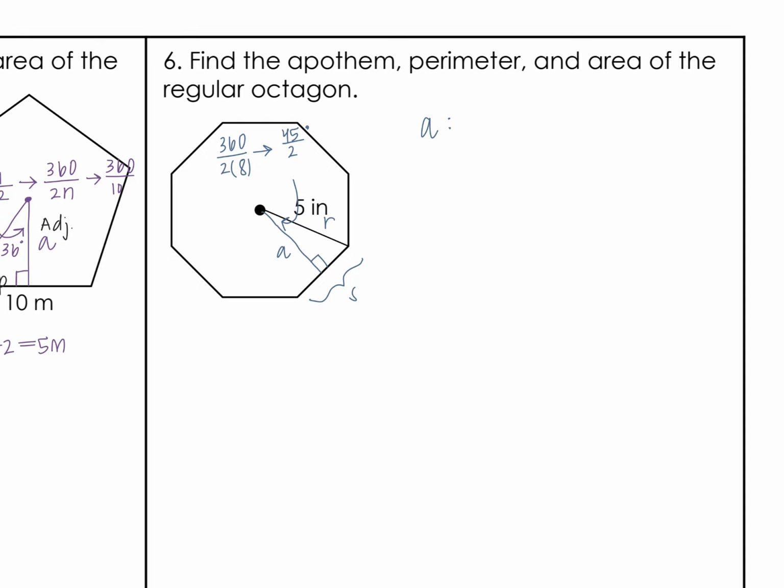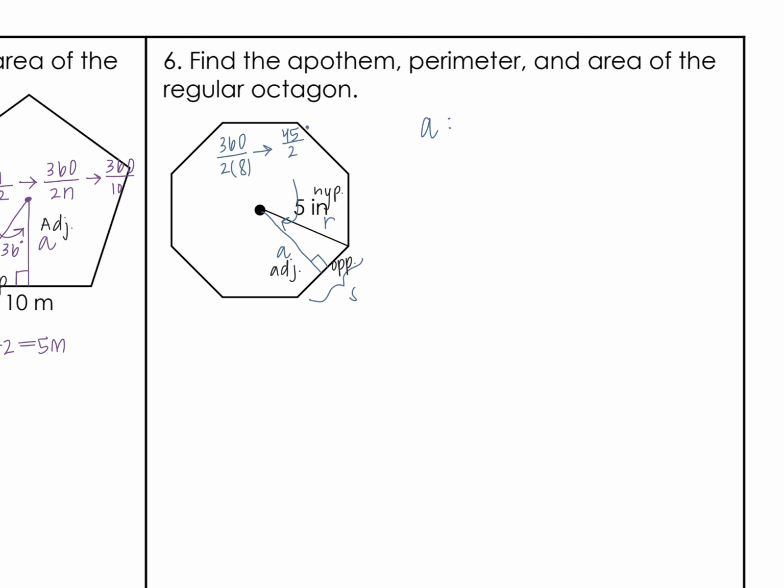Let's go ahead and leave it as a fraction so you can see that it's not that scary. So I'm going to then label my opposite, my hypotenuse, which should be that radius, and then my adjacent, which is the apothem I'm looking for.